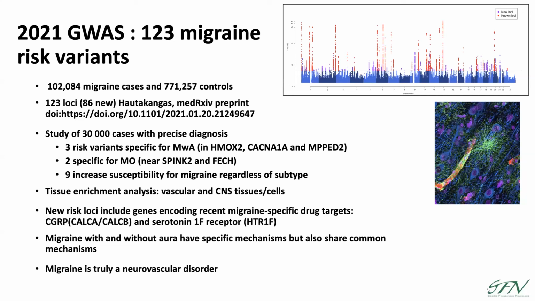Some of these variants are expressed in the neurons and some are expressed in the vessels. Here you see a very beautiful slide of electron microscopy of a neurovascular unit. Here in lilac, you can see the neurons. Here, this green cell with a lot of feet, it's an astrocyte. And here in red, it's a blood vessel. So the migraine genes are expressed in the neurons, in the astrocytes, and also in the vessels.